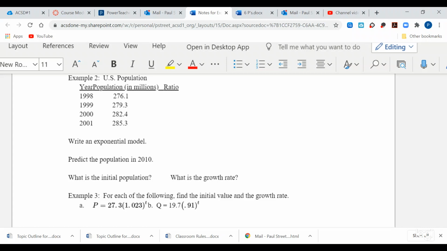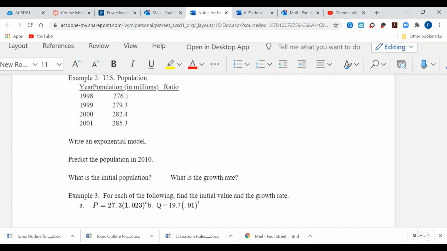So I'm going to just write up here, we got 276. You can go ahead and start working on those because I'm going to ask you those in a minute. I'm going to write it down here so you can reference it on the board. So 1998 is 276.1, 99 is 279.3, and 2000 is going to be 282.4, and 2001 is going to be 285.3.